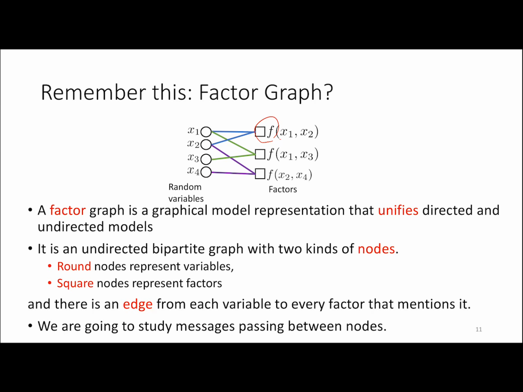We also mentioned that it's a unifying approach for connecting directed or undirected graphs. This is not a way to read things like independence properties, but it's a way that you can represent the factor representation regardless of whether you have a directed graph or an undirected graph. So it's very useful for the sake of inference that we are going to discuss today.